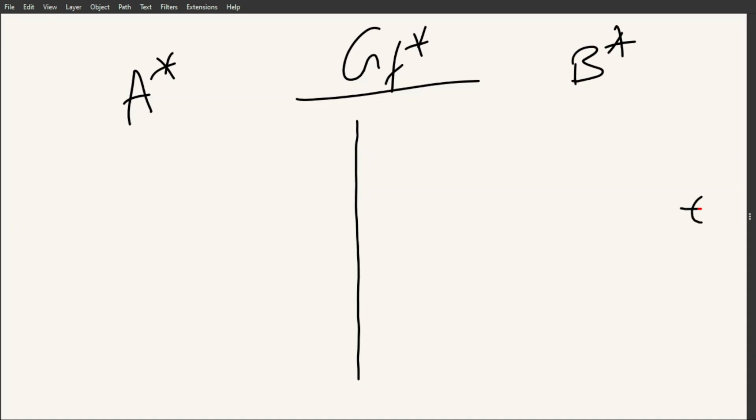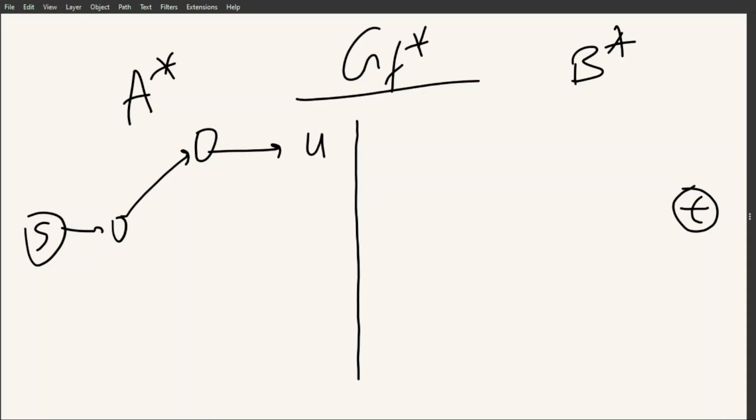On the right we have vertex T, on the left we have S, and all vertices in A star are reachable from S. So just consider any general case. Here just focus on edges crossing the boundary, because this is how we define our cut. So our focus is on edges crossing the boundary between A star and B star. So something like this.